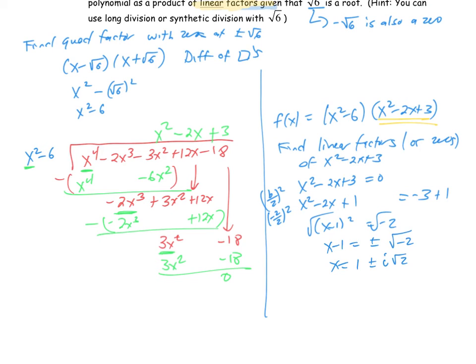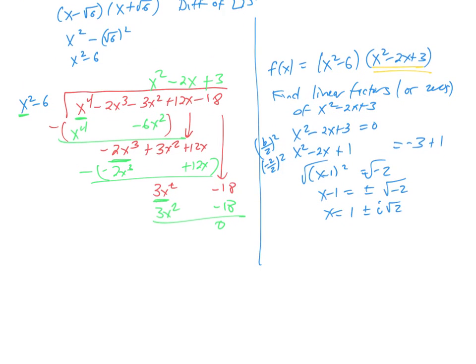So now, finally, we want to write this function as the product of linear factors. So we know we have 4 zeros. So these are 2 zeros, and our other zeros are x equals plus or minus rad 6. So each zero yields a linear factor.